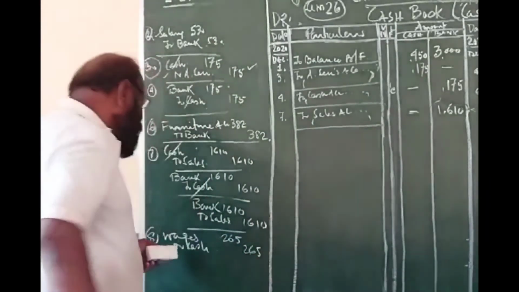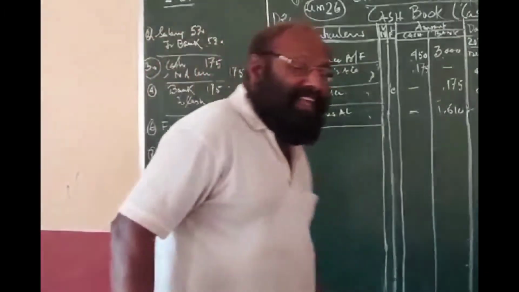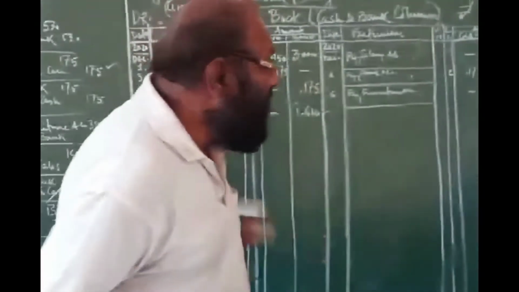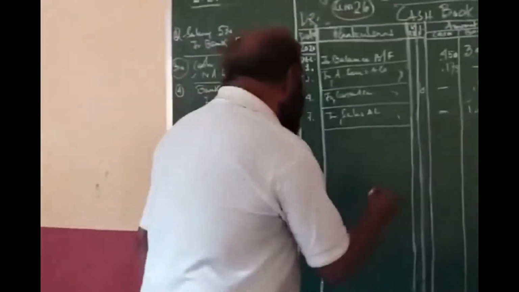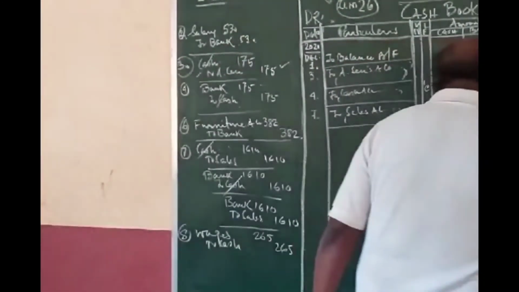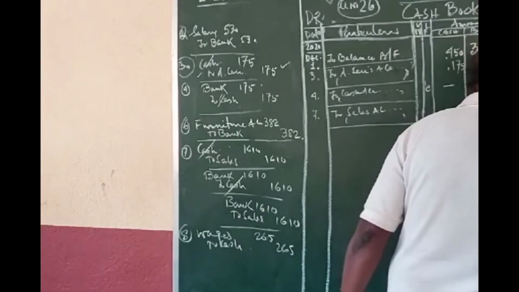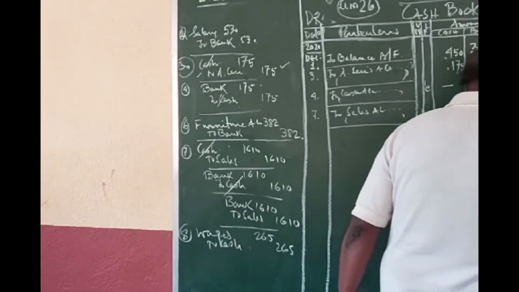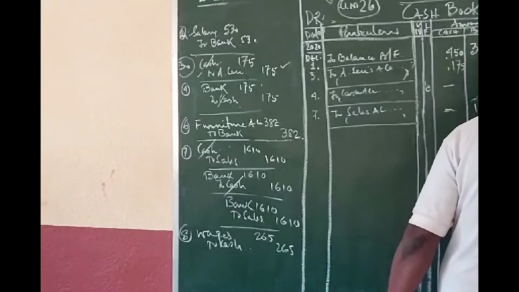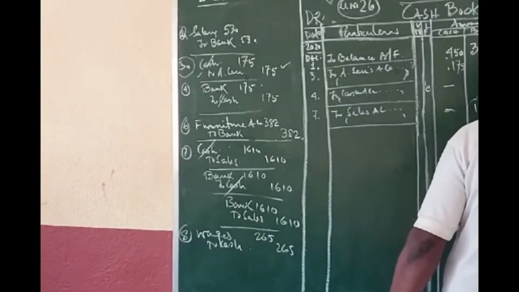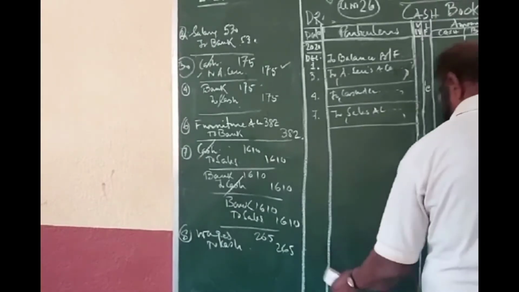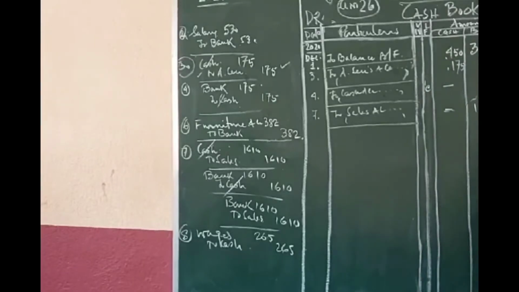So we have to open 2 accounts. One is wages and the other is cash. So since the cash book is there, in the cash book we should write by wages. By wages, being the amount of wages paid in cash, 265.